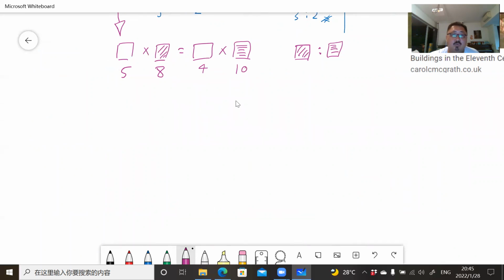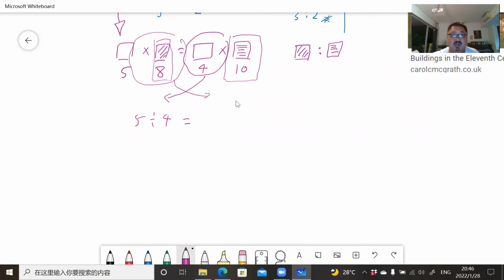So if I want to get these two to be together, how do I do that? You can see that this is times 4, so you can move over here, 5 divided by 4. This is times 8, and move it over there, 10 divided by 8.